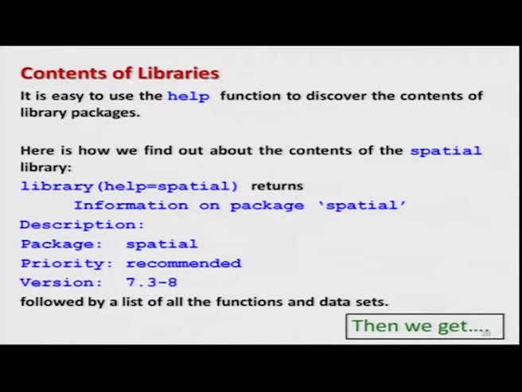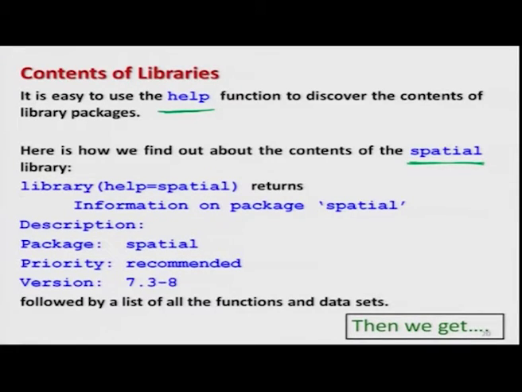I can use the help function to discover the contents of a library package. For example, earlier I had installed the package spatial. Now I want to know what is there in this spatial package, and I need the help.